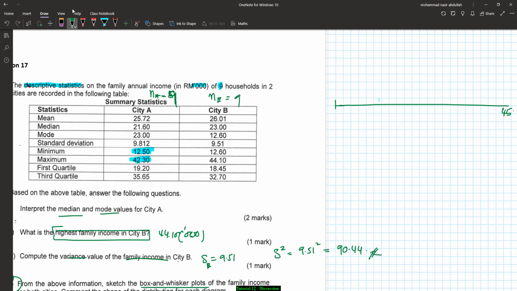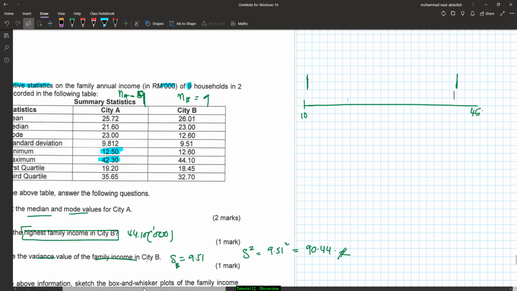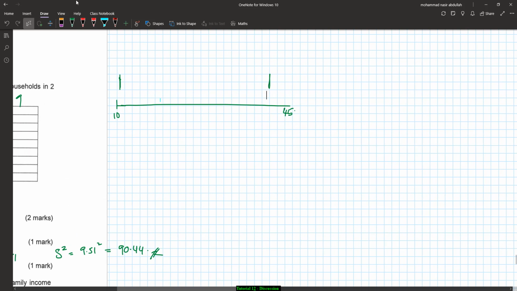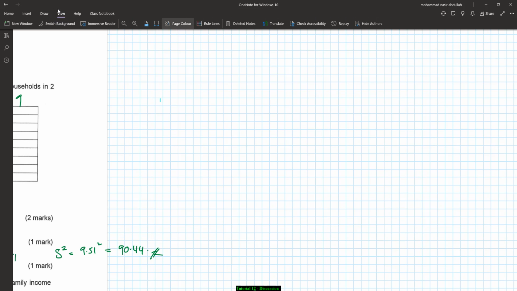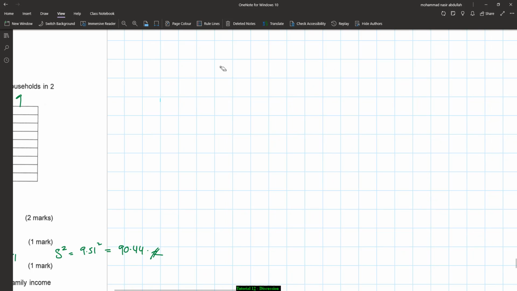This is from 10. So let's say 12 should be somewhere here. This is 12. And 42 should be somewhere here. But you have to measure properly. So let's measure properly, so you can see and appreciate. Let's change the ruler to a bigger one.